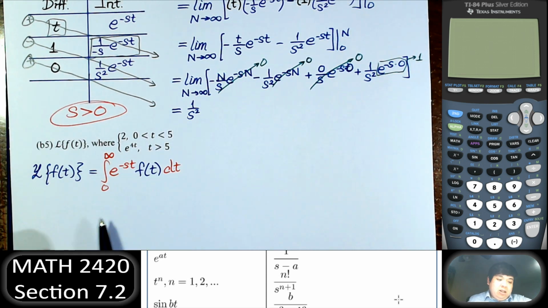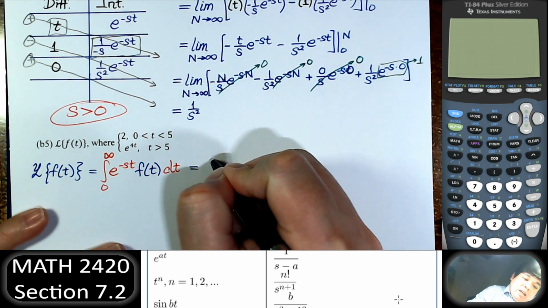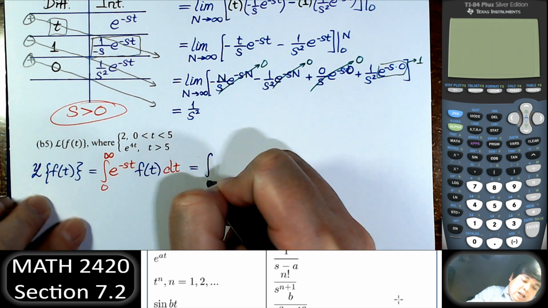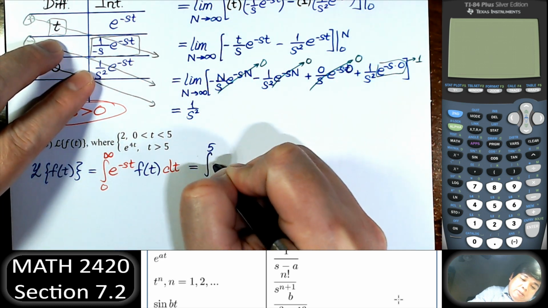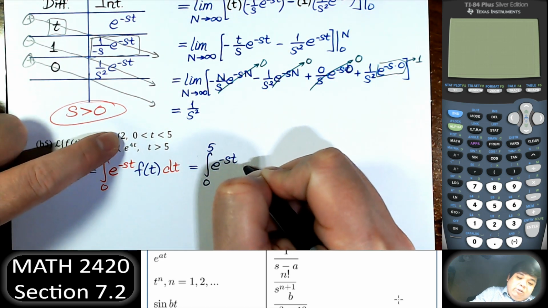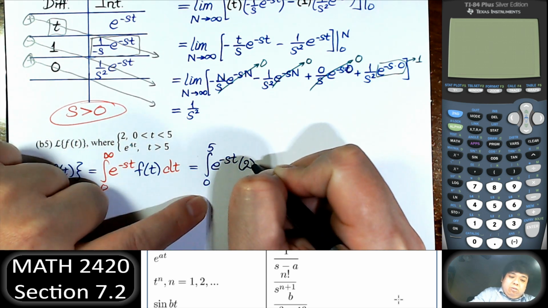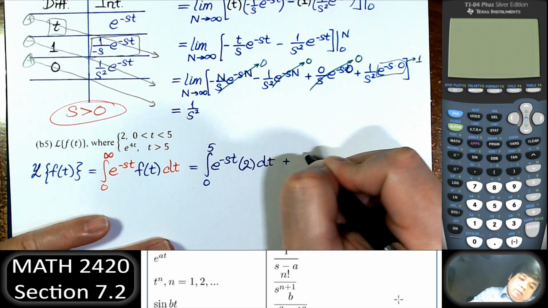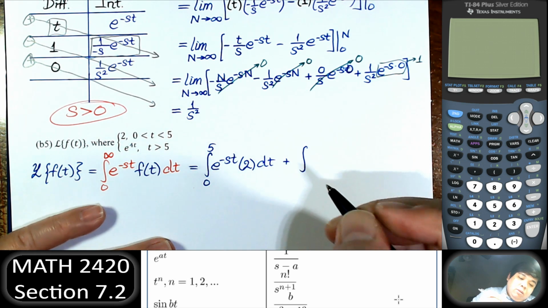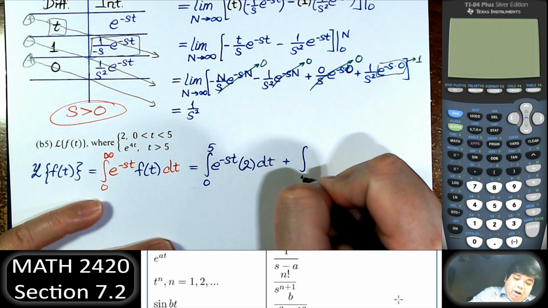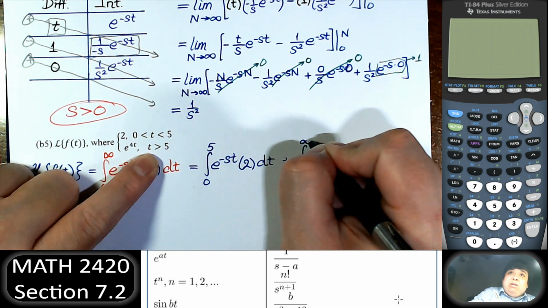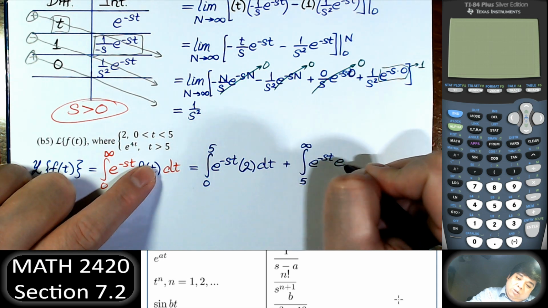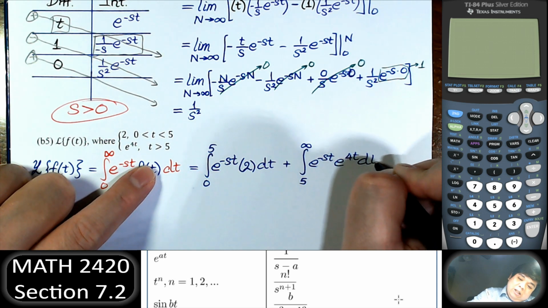The limit is different. From 0 to 5, the function is just going to be 2. And then from 5 to infinity, when t is greater than 5, the function is e to the 4t dt.